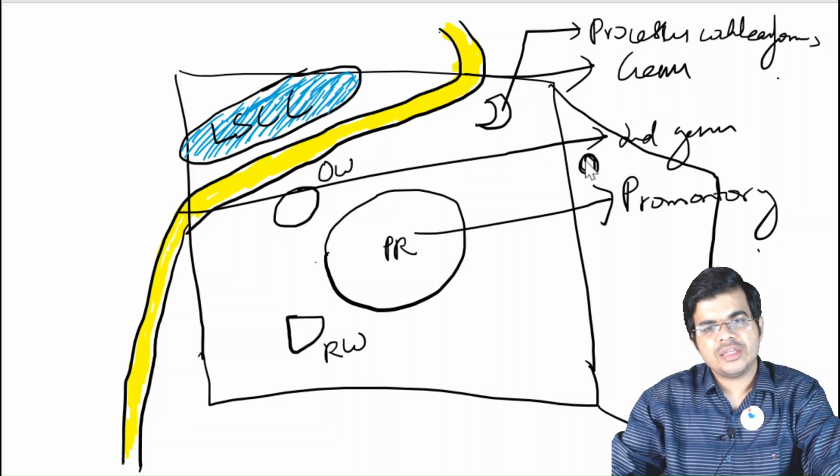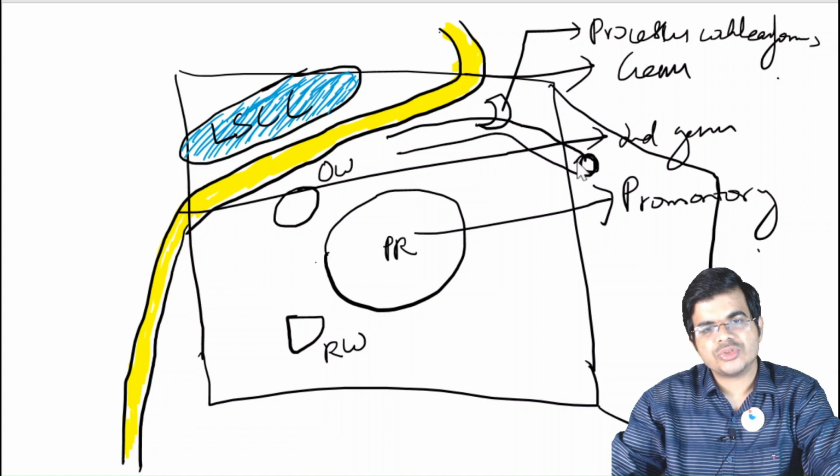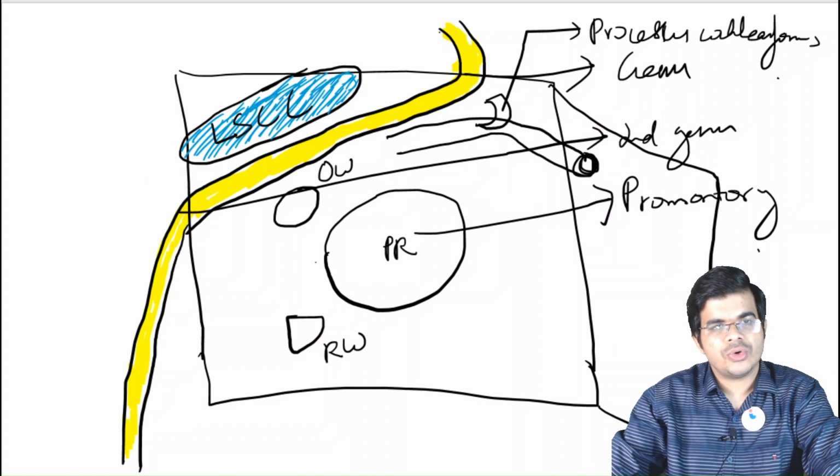Okay, and it is from here it goes like this, and then it bends so that it goes and attaches to the handle of malleus. Okay, it goes and attaches to the handle of malleus. So this is how it goes.